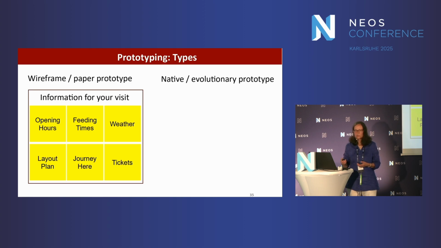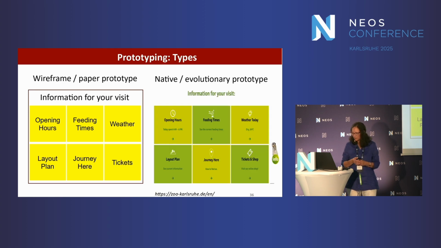So you don't put much effort in the preparation of the prototype because you just want to get a very rough idea. And then later on, you can develop a real native or evolutionary prototype. So evolutionary means you already use the technology which you will also use for the final website.